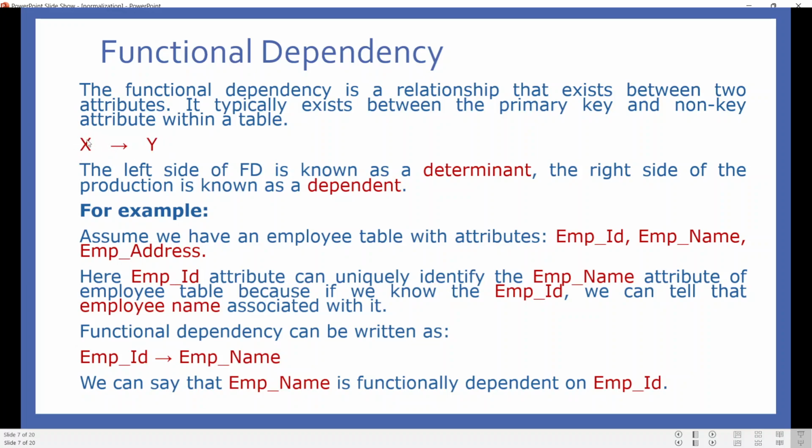If x determines y, the value of y can be determined by knowing the value of x. The left side of this relation is called the determinant, and the right side is called the dependent.